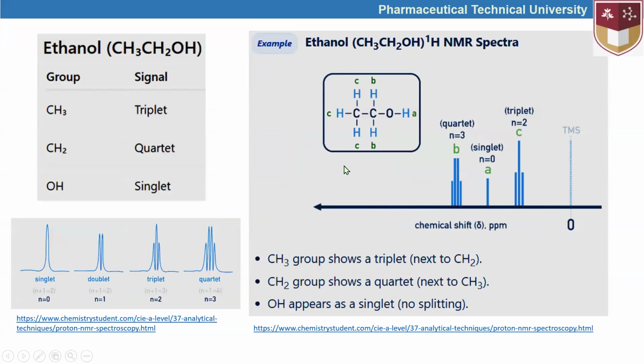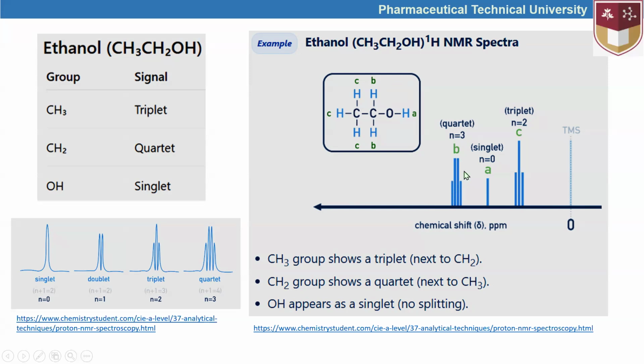This means that this kind of triplet signal belongs to C category. How many hydrogens are here? 3 hydrogens. And here we have quartet belonging to B category.